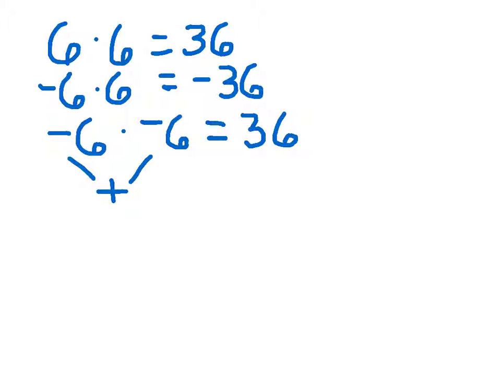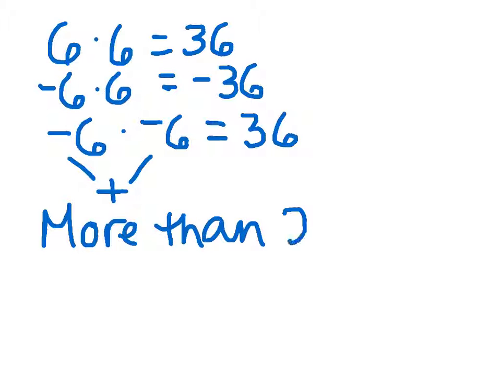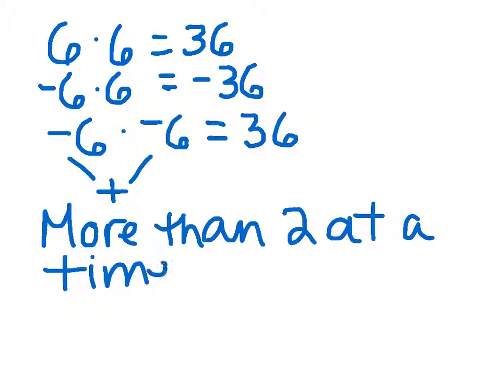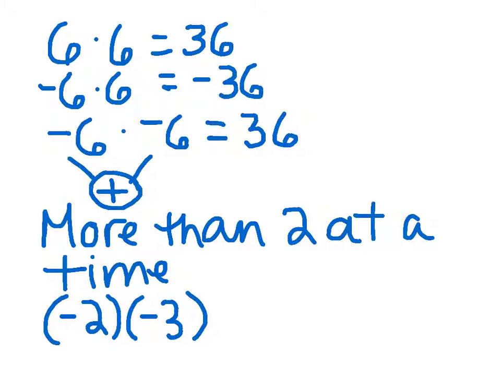This leads us to the extension of when I'm multiplying more than two numbers at a time. Since I know that any two negatives create a positive, I can say, okay, if I'm doing negative 2 times negative 3 times 5, what would the answer be?